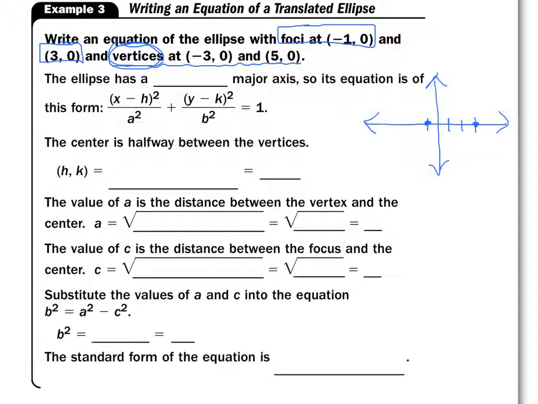And then we have vertices at negative 3 comma 0, and 1, 2, 3, 4, 5, 5 comma 0. So we know the foci and we know the vertices. Because those both have to fall on the major axis, we must have a horizontal major axis.